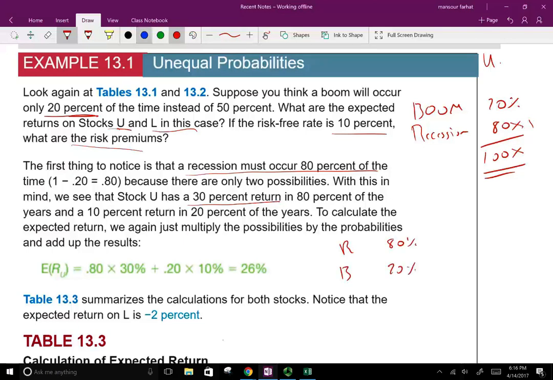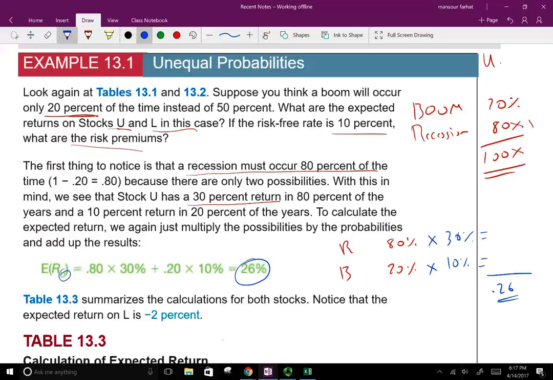In a recession, stock U will earn 30%. In a boom, stock U, remember, it's a defensive stock, it's going to earn less, 10%. So now we take 80% times 0.3 and 20% times 0.1, and when we add everything up, it will add up to 0.26 or 26%. So this is the expected return on stock U.